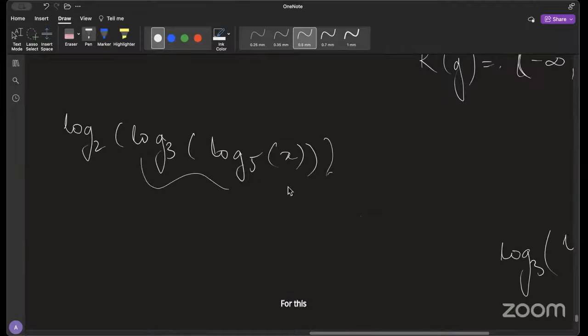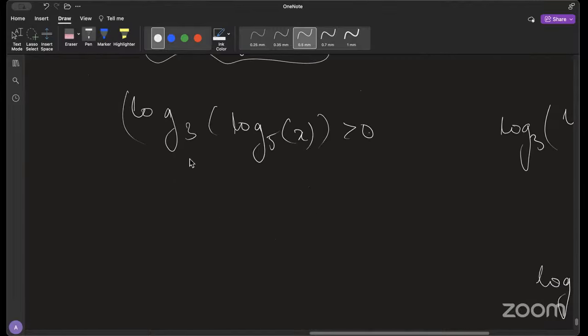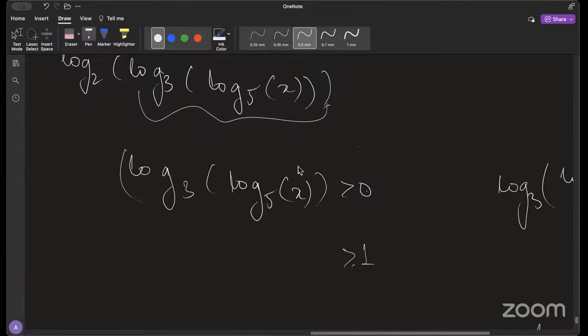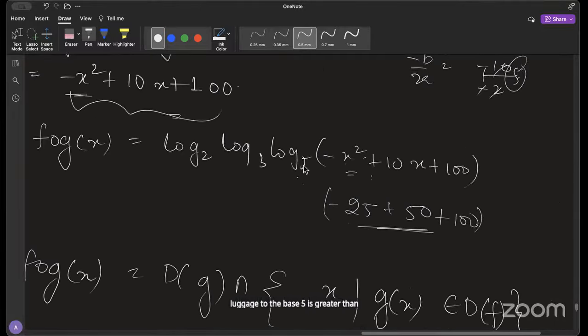For this, we want this part greater than 0. Log x to the base 5 is greater than 1, we can say.